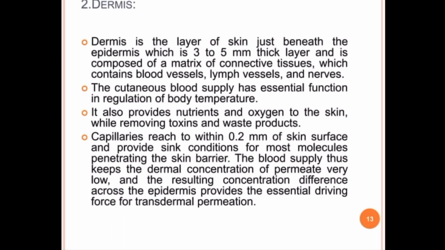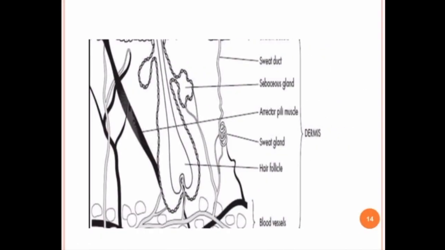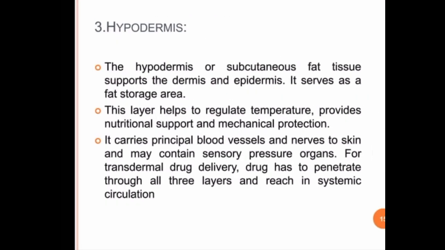And capillaries, which are 0.2 mm from the skin surface, provide the sink condition for most of the molecules which penetrate the skin. So this is the structure of the dermis, which contains sweat duct, sebaceous gland, erector pili muscle, sweat gland, hair follicle, and different blood vessels.